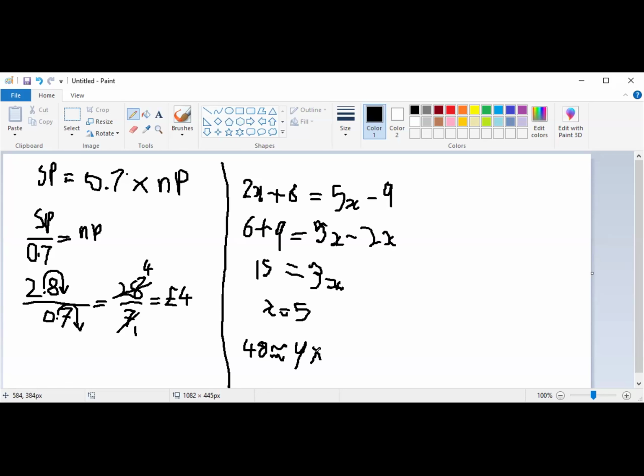That's the good thing about this question. You can choose either 2x plus 6, that's the length, or 5x minus 9. Do you understand what I'm trying to say? Yes. Okay, so which one should we use?